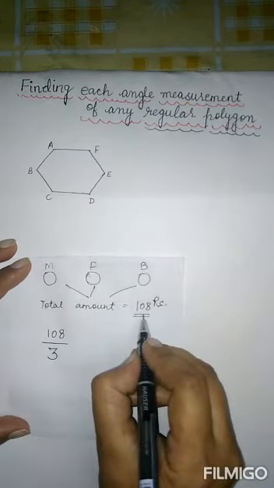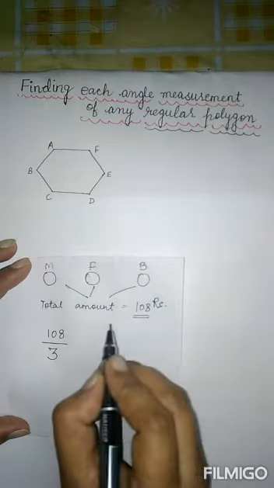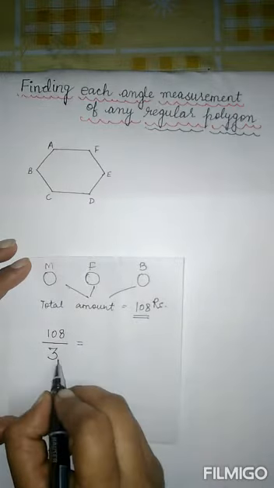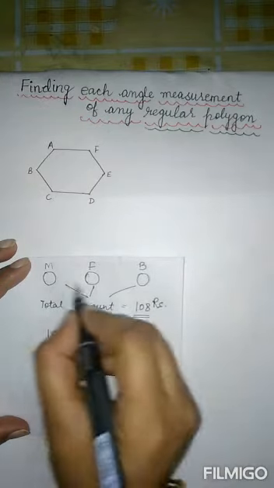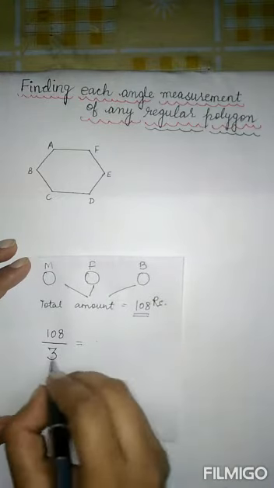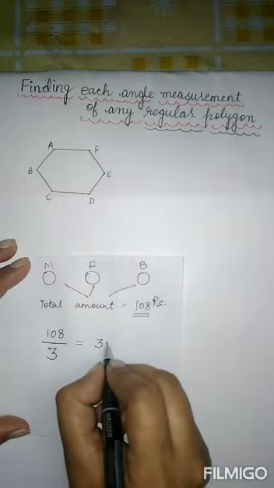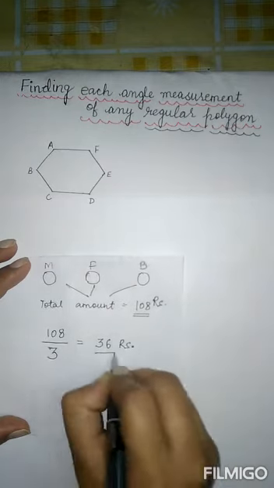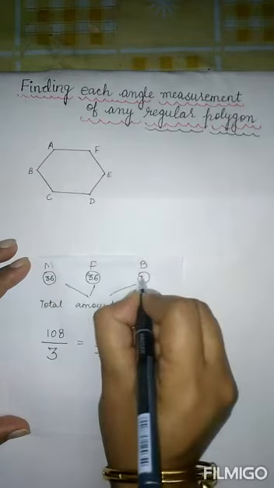I'll divide 108 by 3 because all have given the same amount, to divide it equally between 3. If I divide it, what do I get? 3 3s are 9 and 3 6s are 18. It means 36 rupees I got from my mother, from my father, and from my brother.